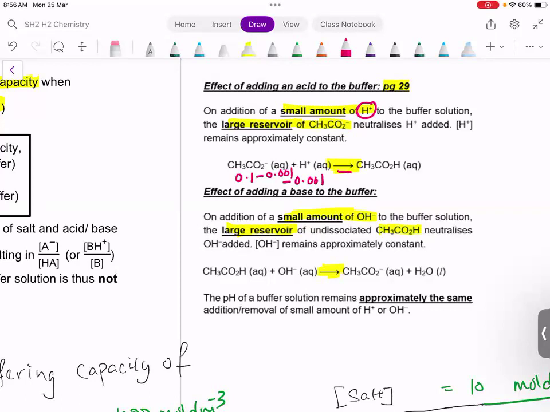Agree? Then this will be plus 0.001. Agree? All right.